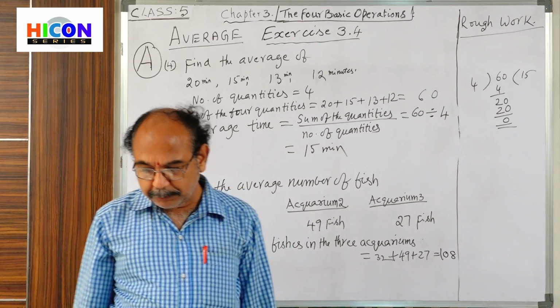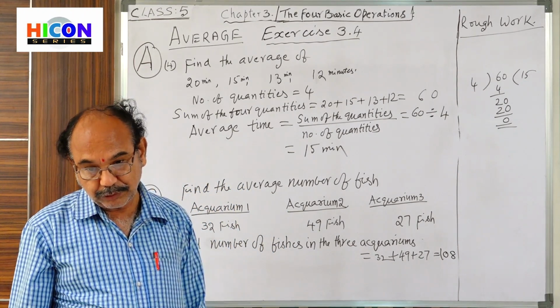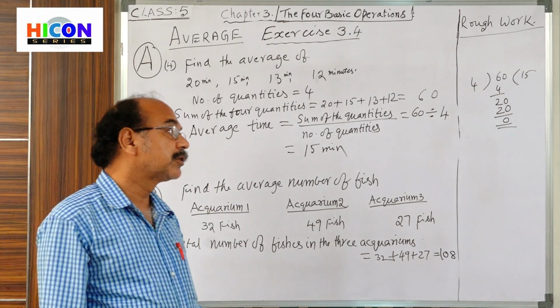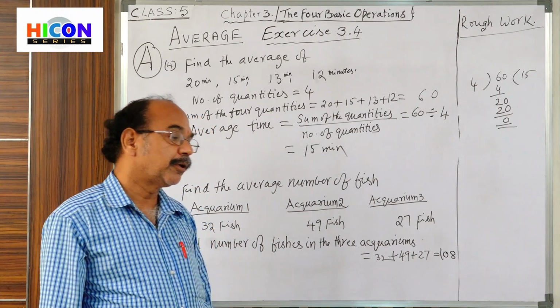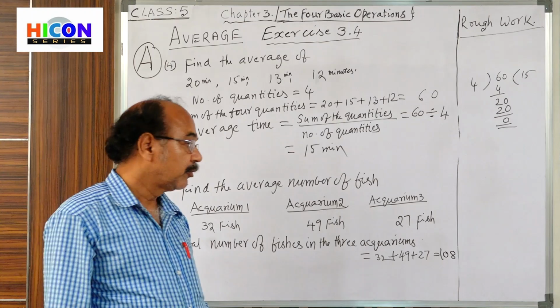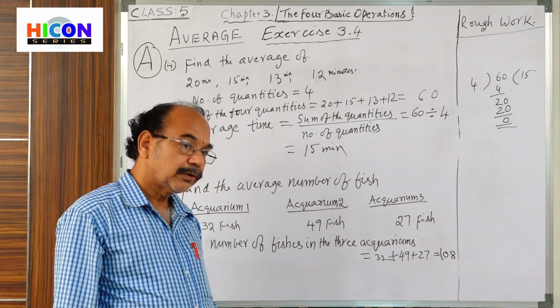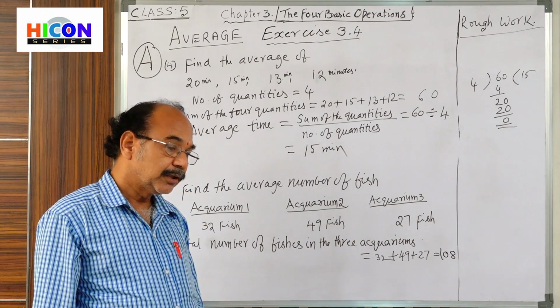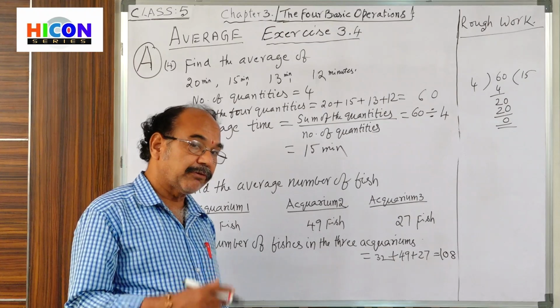Now, it should be divided by 3 to find the average number of fish. To find the average number of fish, what do we do here? We divide the total number of fish by 3 because here 3 aquariums are there.